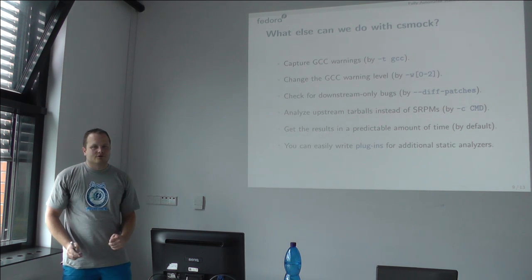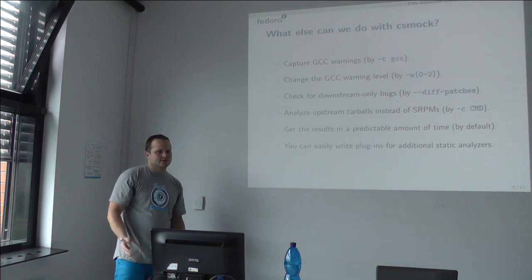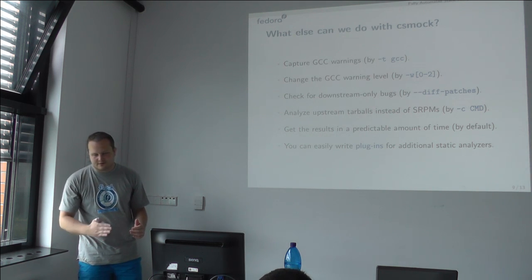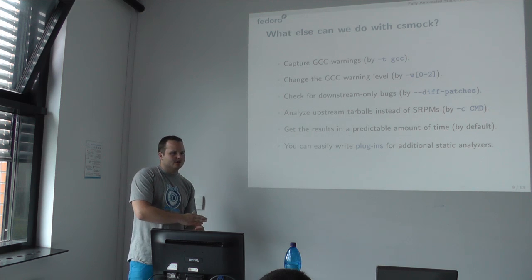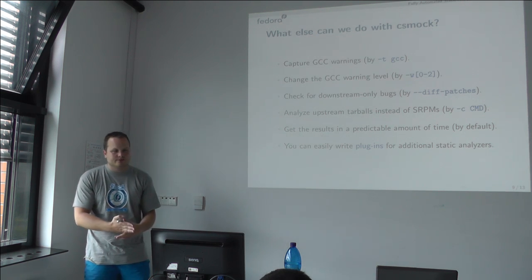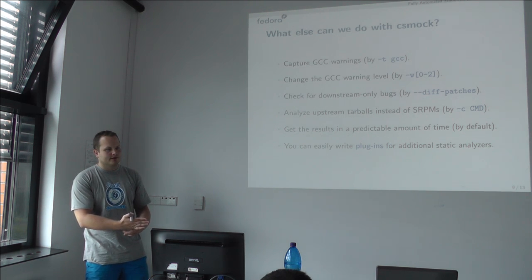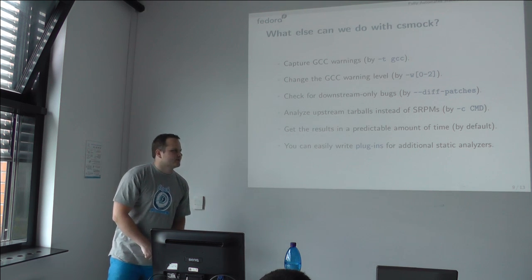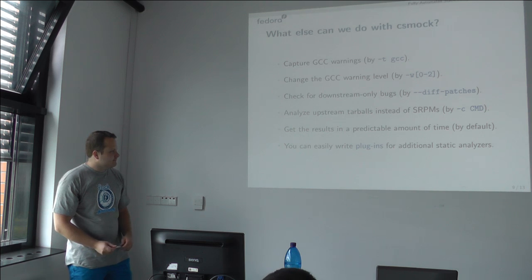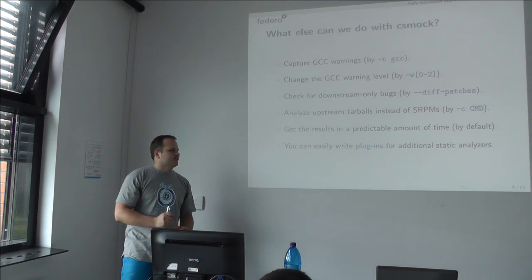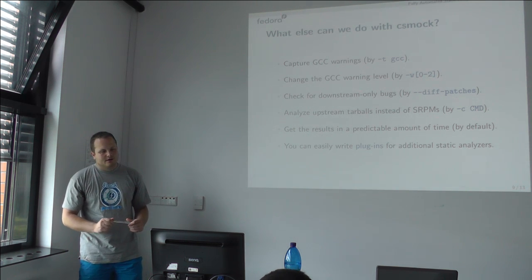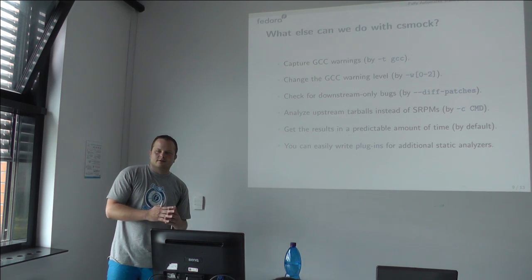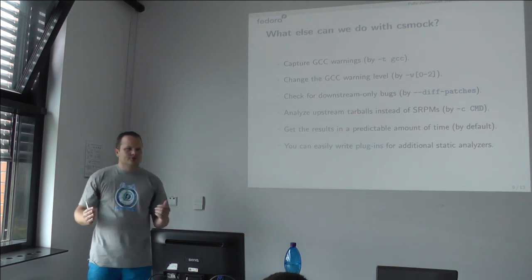We can also analyze upstream tarballs instead of source RPMs. We just say which build dependencies we need to install and what command we use to build the package. And then it works similarly to the source RPM variant. We get the results in a predictable amount of time, which is implemented by a timeout per compilation unit.